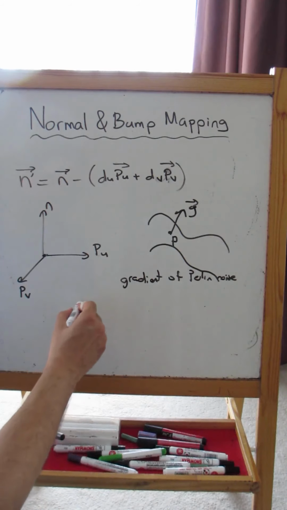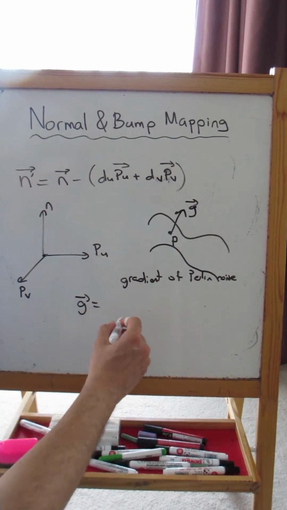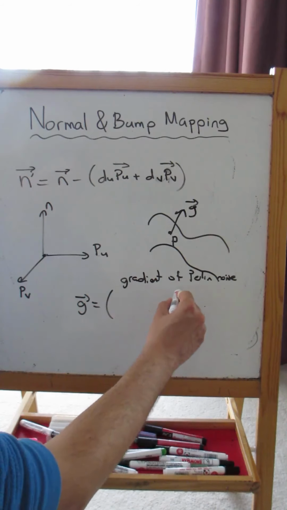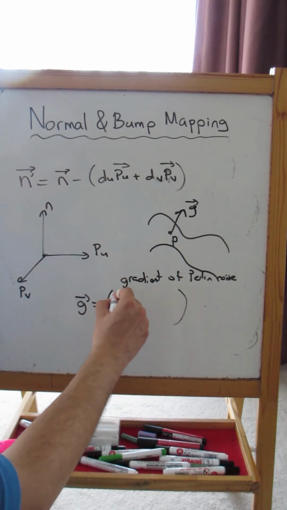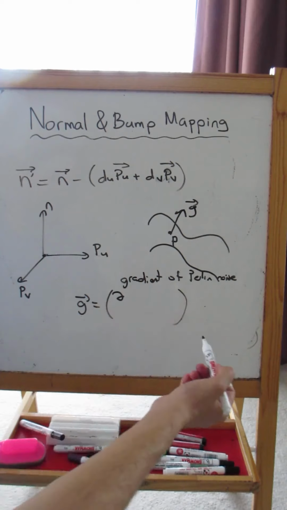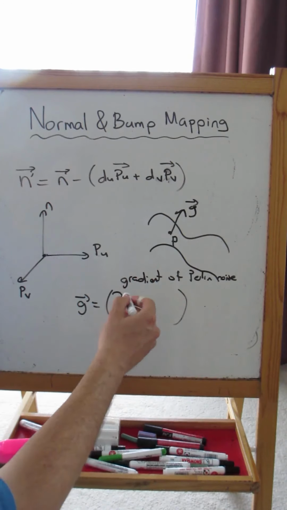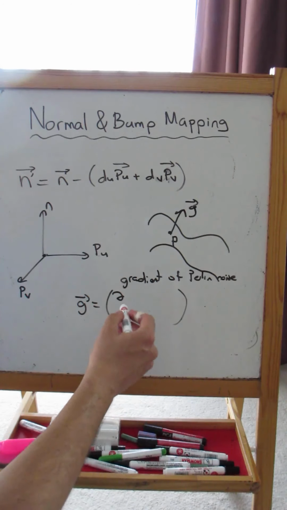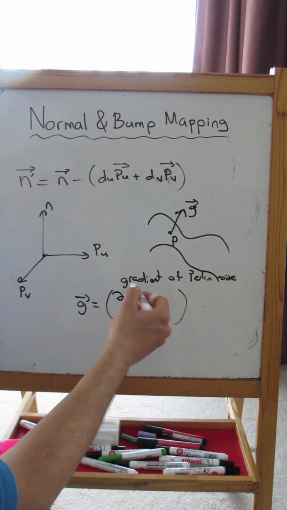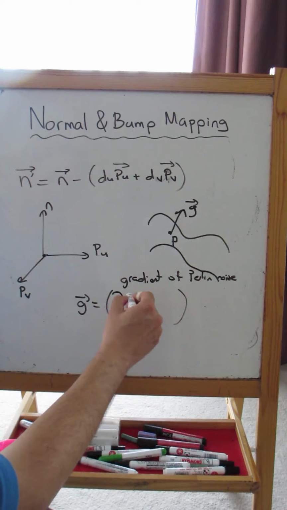The gradient of the Perlin noise is defined as this vector: delta h over delta x, delta h over delta y, delta h over delta z. Let's give a name to the function; let's call it h.